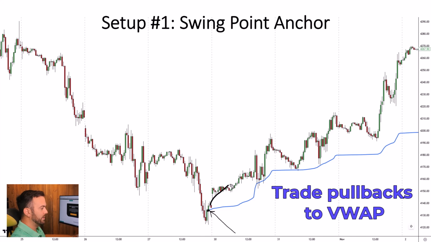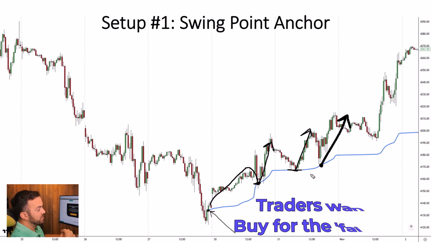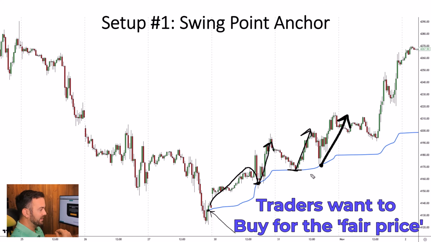Since the price went up from this point, you wait for this pullback and go long from there, right? Another long trade opportunity would be in here. Long from this place and then long from this place. What the institutions or the algos want to do here is they want to buy for a fair price, right?